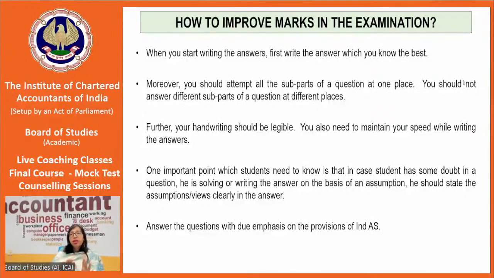This is also the instruction given in your examination question paper, and in your answer sheet, that you have to do all your subparts at one place. At one place means if you have started with question number 2A, then after that do question 2B, then question 2C if it is there, or 2D if it is there.